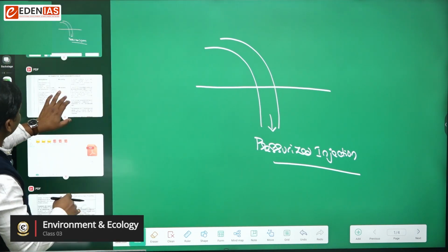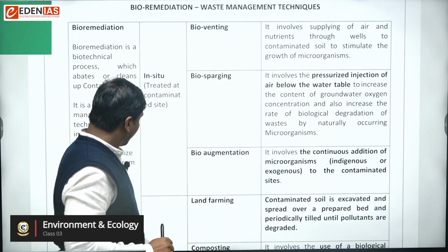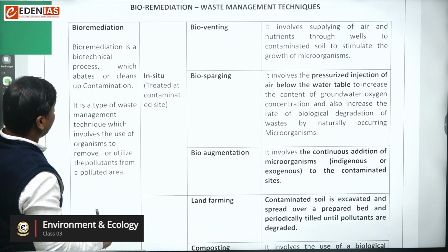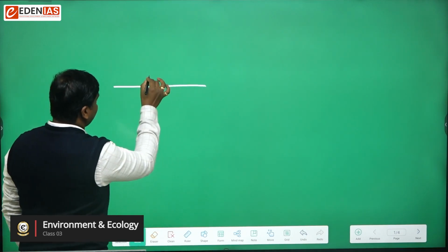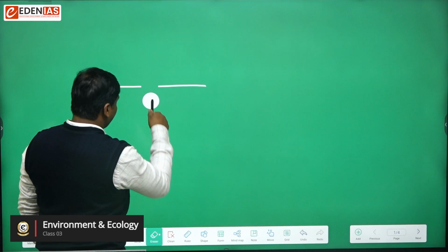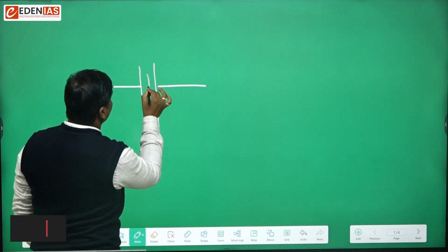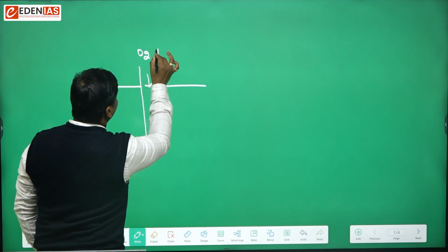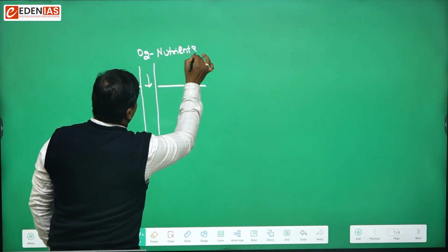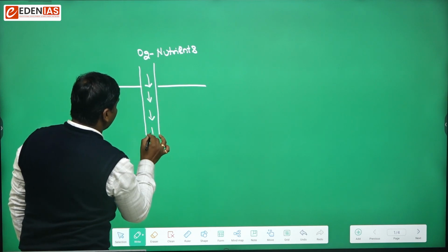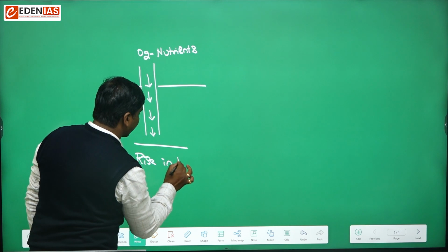And apart from that, you remember, if this is the soil portion, then when you try to create a well, a ventilation, and you are normally supplying the oxygen and nutrients, then it may lead to a rise in microorganisms.